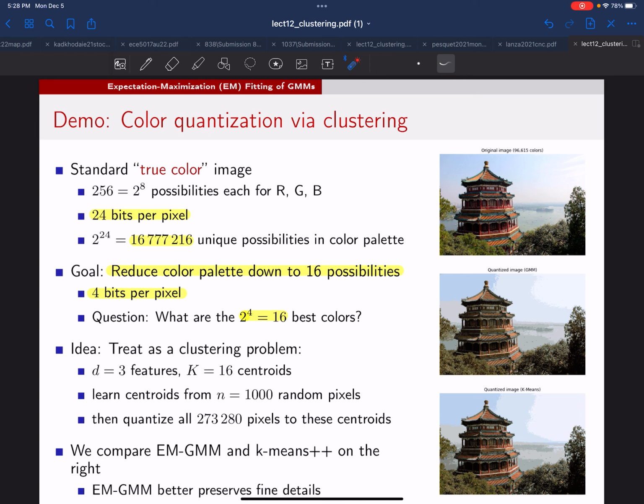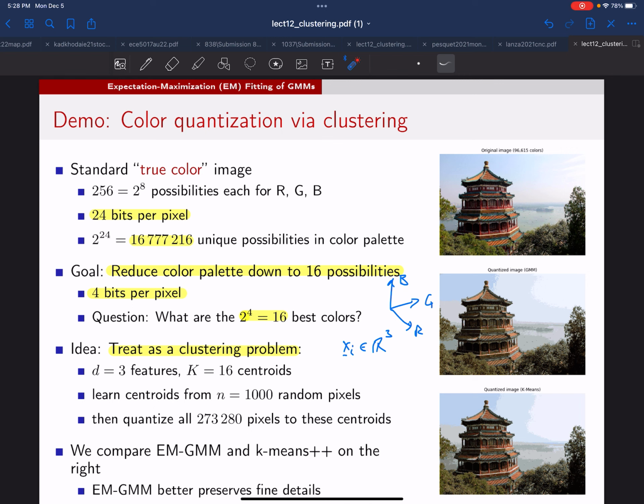So we can treat this as a clustering problem. Basically, we can think of working in a signal space where xi is going to be a 3-dimensional vector, like red, green, blue. And we have many, many samples of xi in this image.